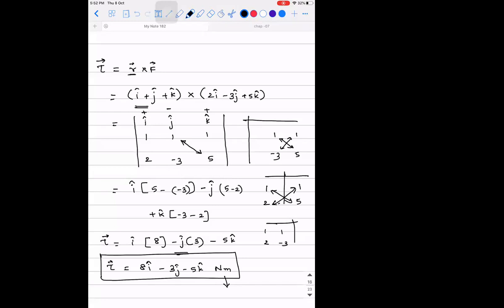Where did we see Newton meter? So joule, sir. Where did we see? Joule is for what? Force. Work.